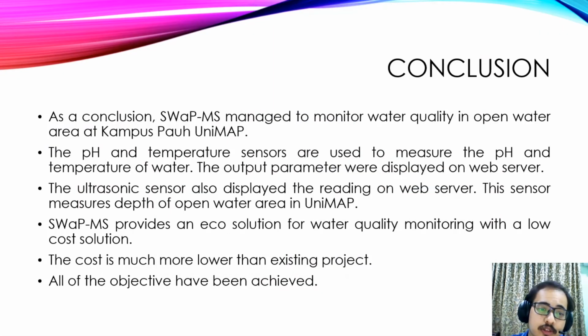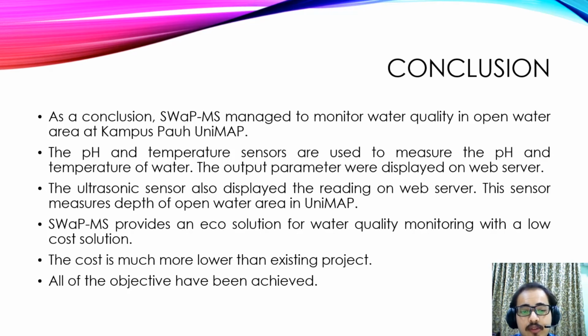As a conclusion, SWAP MS managed to monitor water quality in an open water area at campus Pauh, Unimap. The pH and temperature sensors are used to measure the pH and temperature of the water. The output parameters were displayed on a web server. The ultrasonic sensor also displayed the reading on the web server. This sensor measures the depth of the open water area in Unimap.